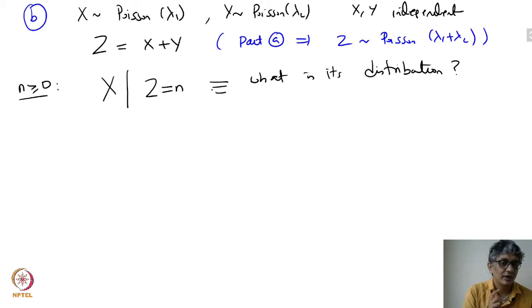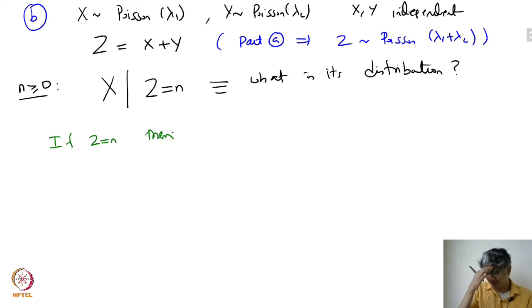We know how to do Z equal to N. We know how to do X. So now, the first observation is the following: if Z is equal to N, then Z is the sum of X plus Y. Y is non-negative.